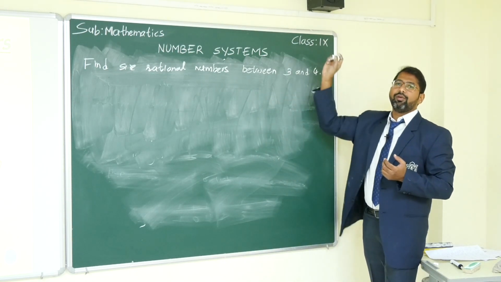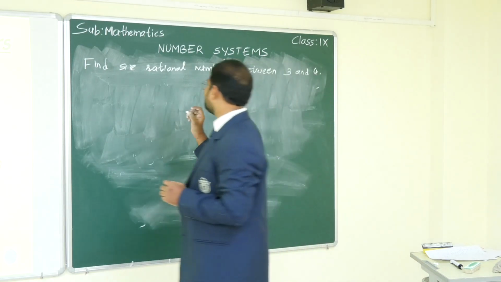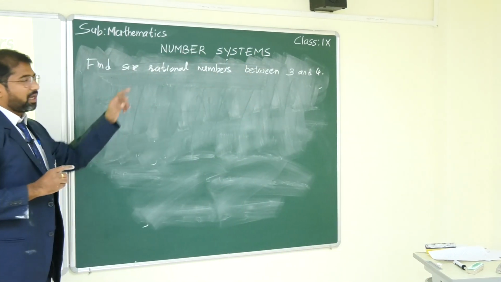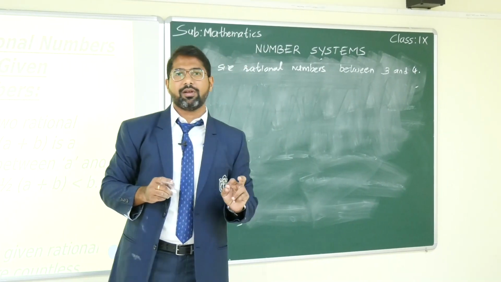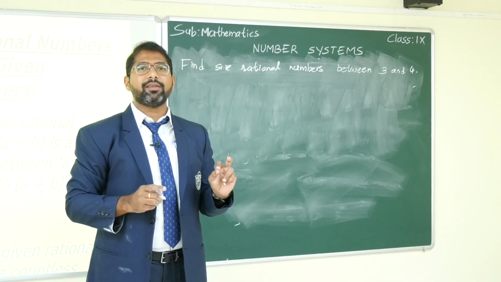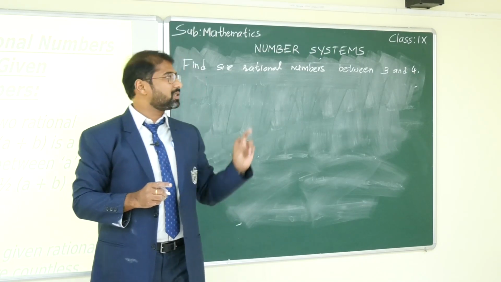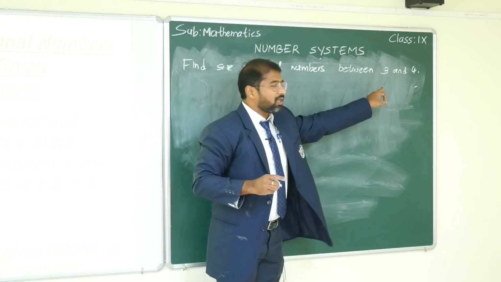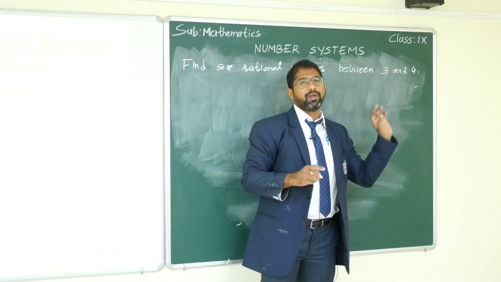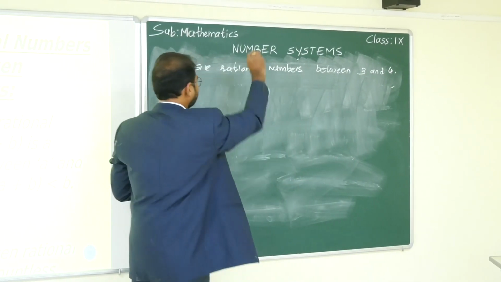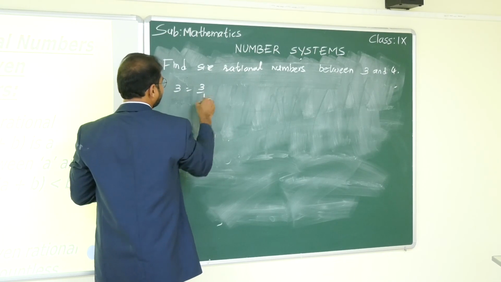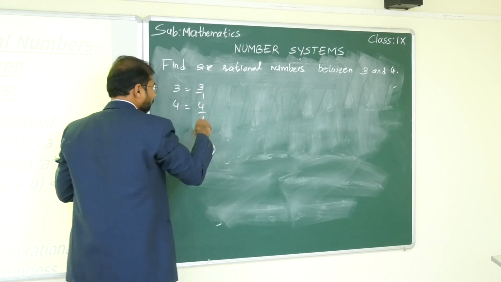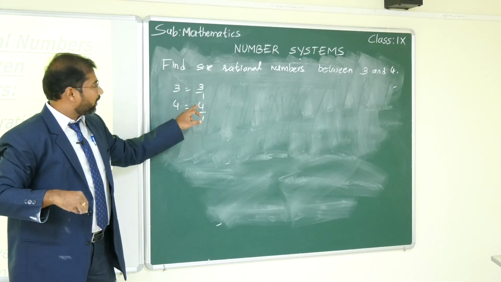I will make the denominators the same. Here the given two rational numbers are 3 and 4. First of all, 3 and 4 are both rational numbers because I can write them in p by q form as 3 as 3 by 1 and 4 as 4 by 1. Now compare the numerators.